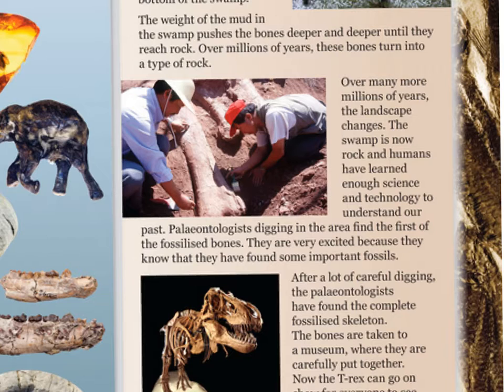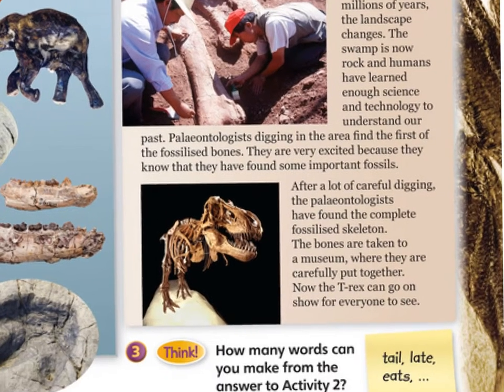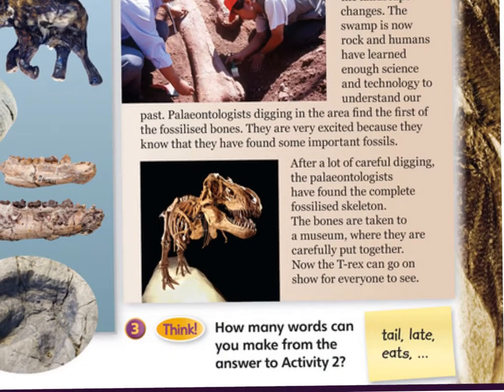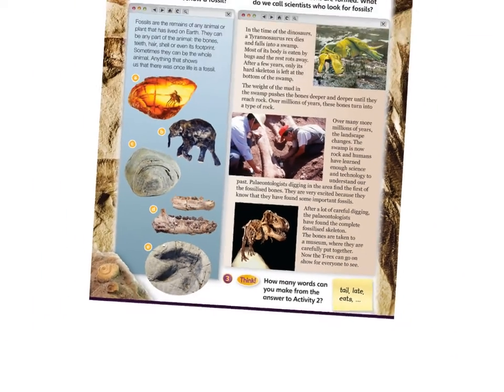They are very excited because they know that they have found some important fossils. After a lot of careful digging, the paleontologists have found the complete fossilized skeleton. The bones are taken to a museum where they are carefully put together. Now the T-Rex can go on show for everyone to see.